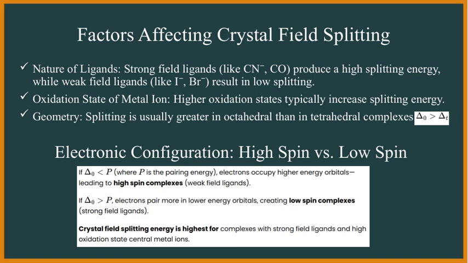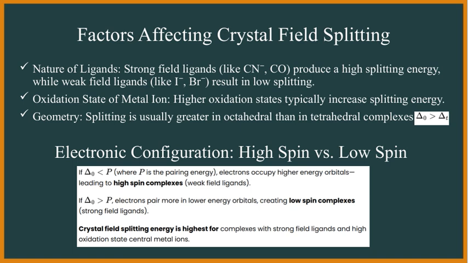the crystal field effect. Now, regarding geometry, splitting is generally more pronounced in octahedral complexes compared to tetrahedral ones. This is because the arrangement of ligands around the metal center influences how the d orbitals interact with the ligand's electron clouds. Finally, when we look at electronic configuration, we have the concept of high-spin versus low-spin complexes.